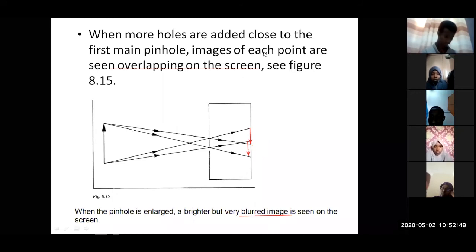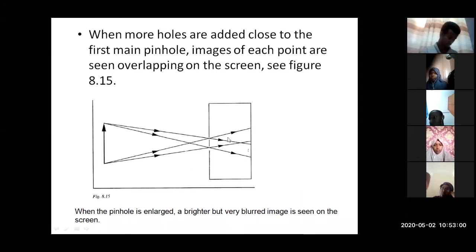So that's a point for you to note, that a brighter but very blurred image is seen on the screen. So having many pinholes is like having one hole which is very large. A large pinhole is the same as many pinholes. So what will you observe on the screen? You will see a brighter but very blurred image on the screen.